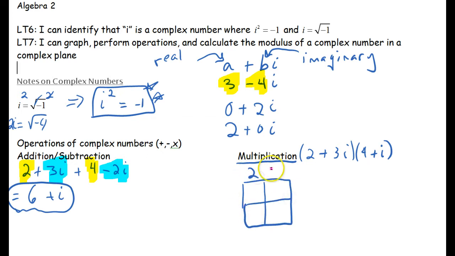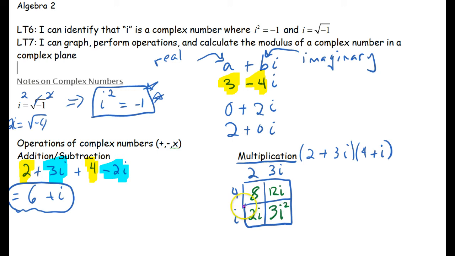We'll have 2 and 3i and then 4 and i. So in this box I would have 4 times 2, which is 8, 4 times 3, which is 12, but I have an i there, so it's 12i. 2 times i is just 2i. 3i times i is now 3i squared.